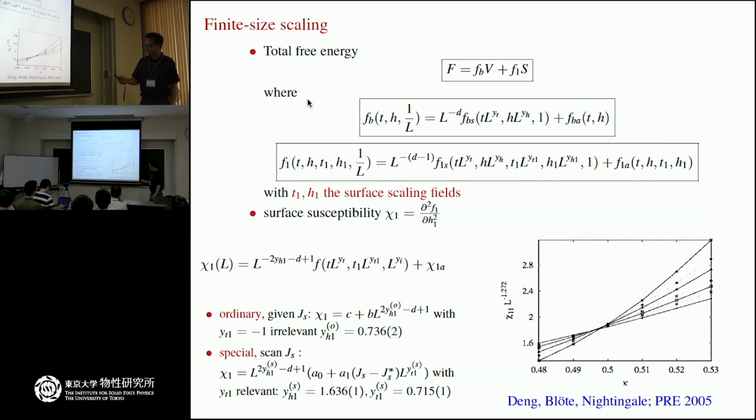So let me discuss the free energy. It will be more clear. Here, the total free energy can be written like this. This is the bulk free energy density. This is the volume, and this F1 is the surface free energy density. S is the area.